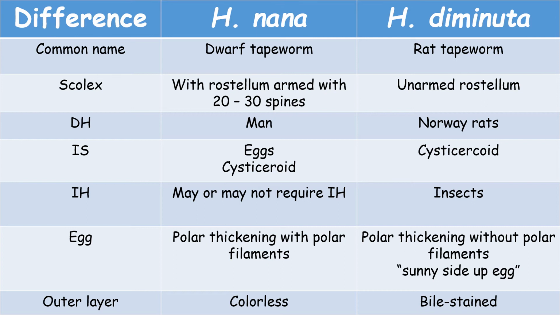And H. diminuta requires an intermediate host, while H. nana may or may not require one. And their eggs also differ. For H. diminuta, take note, it may resemble a sunny side up egg because of the absence of its polar or bipolar filaments. Okay?